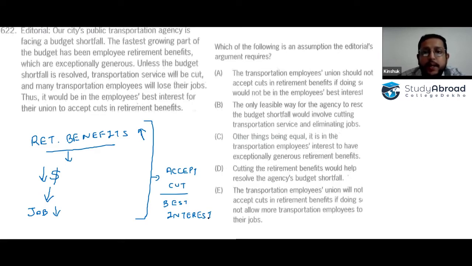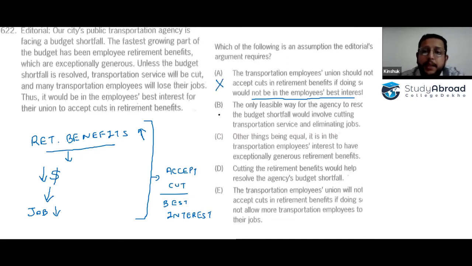What it says is very agreeable, but you are not looking to accept on the basis of what will not be in the employee's best interest, but we are looking in the direction of what will be in the employee's best interest. So again, though you could agree with this, this cannot be the assumption behind this argument.